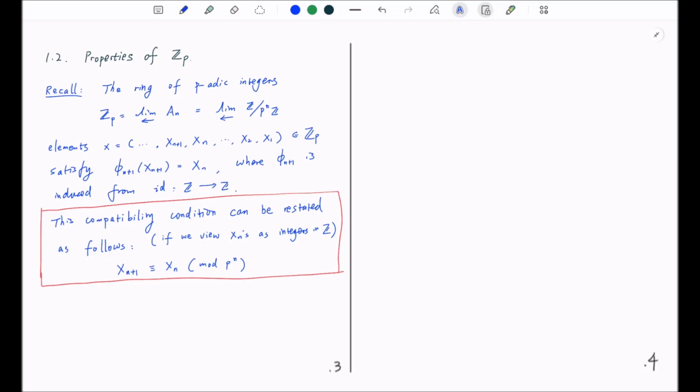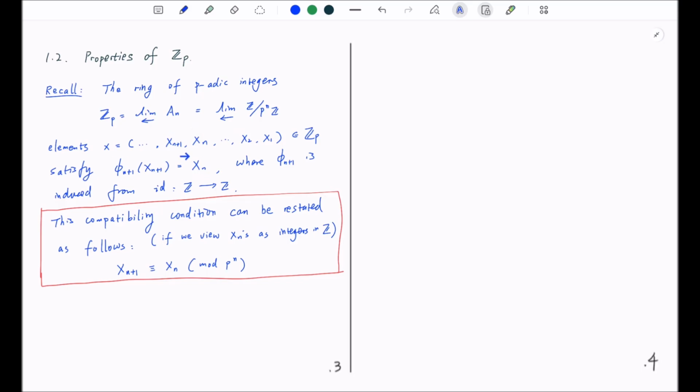Remember from the definition, this infinite sequence x has components in Z mod p^n Z. Another way to look at this is to view all of them just as integers.